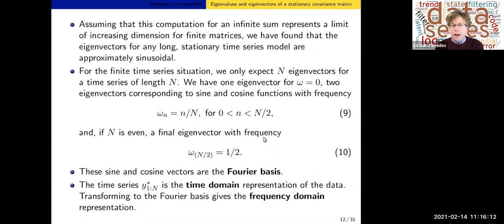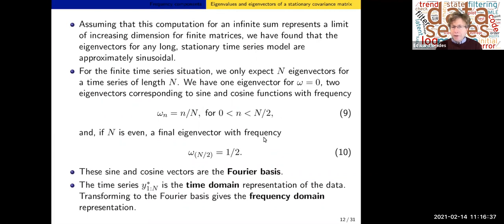Well, we have one eigenvector for omega is 0. We have 2 eigenvectors corresponding to sine cosine pairs, and these arise at the frequency omega n is n over big N, where little n runs between 0 and N over 2.